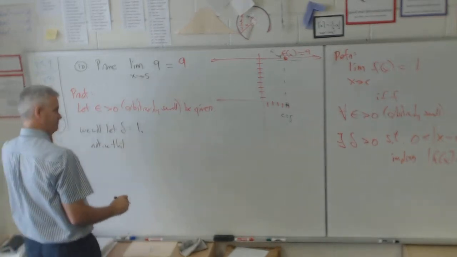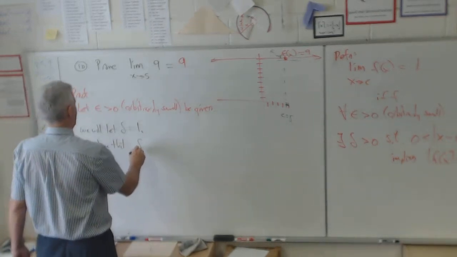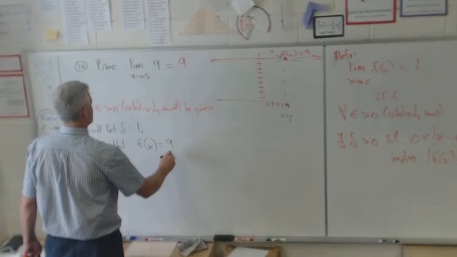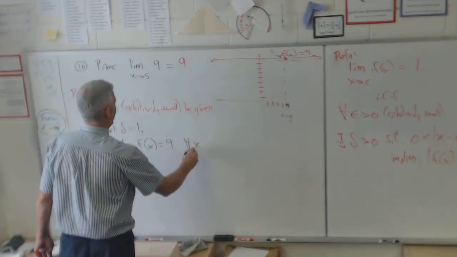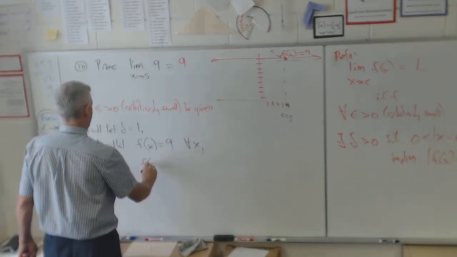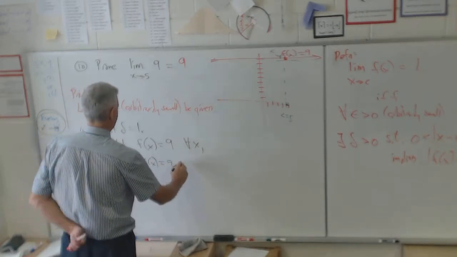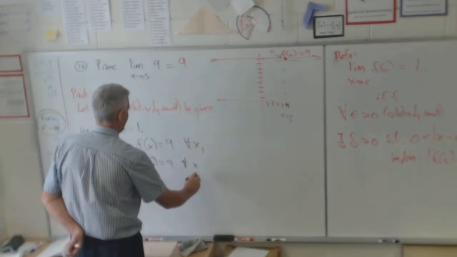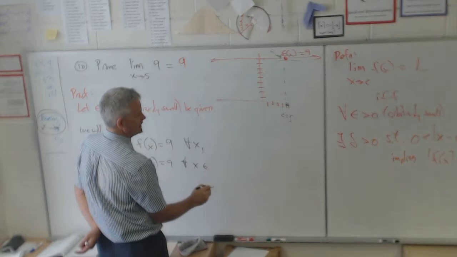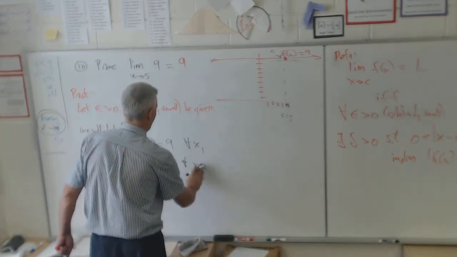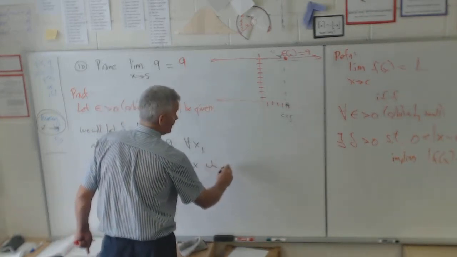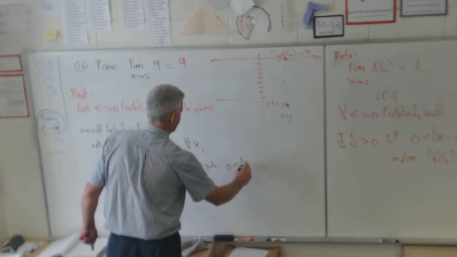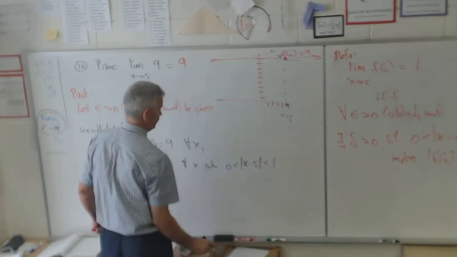Notice that f of x equals 9 for all x. Therefore, f of x equals 9 for all x where 0 is less than the absolute value of x minus 5, which is less than 1.